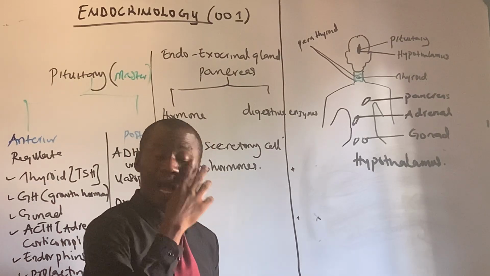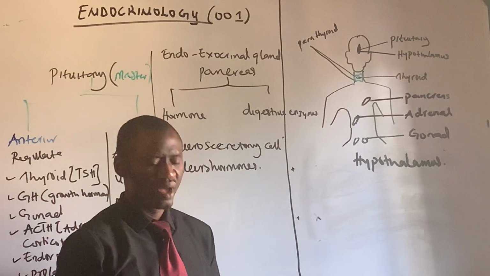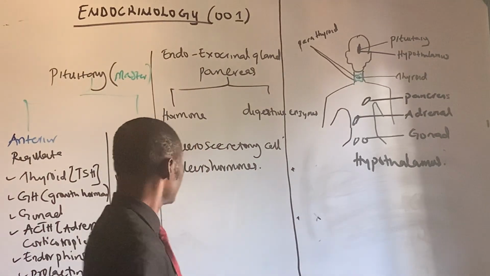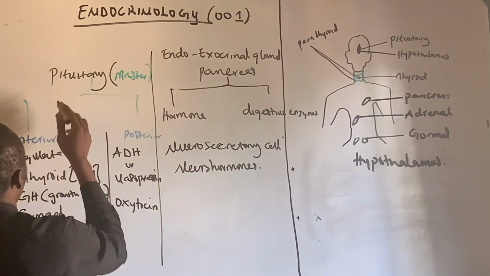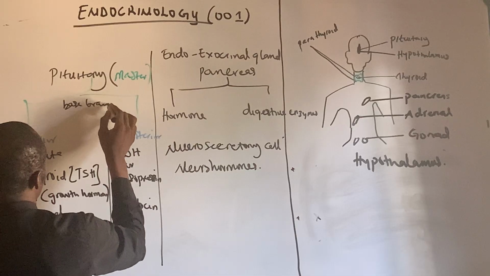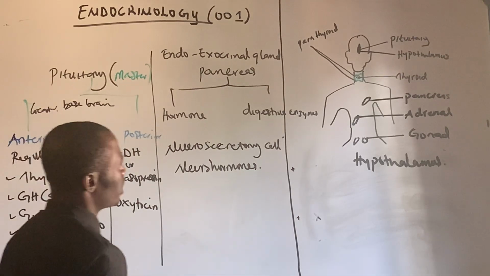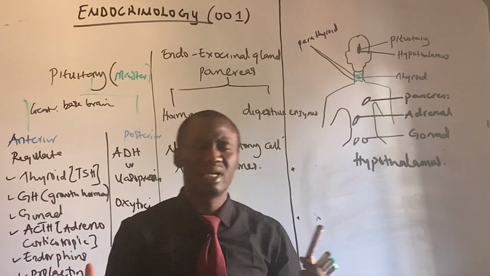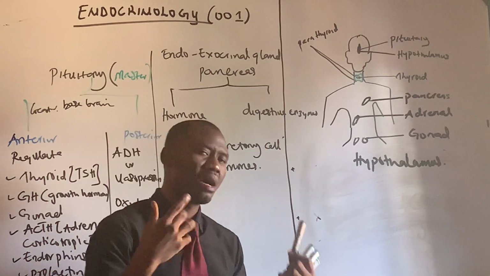I'll say that again. The hypothalamus is below the thalamus and above the pituitary gland. The pituitary gland is located at the base of the brain. That's the location. But the location of the hypothalamus is below the thalamus and above the pituitary gland.